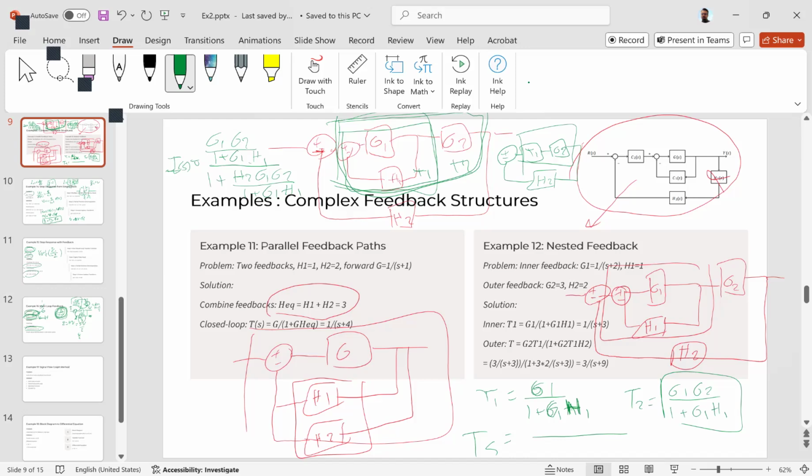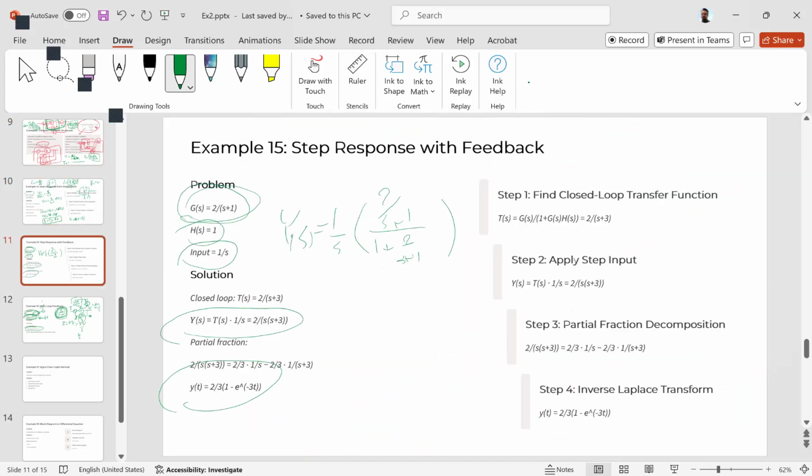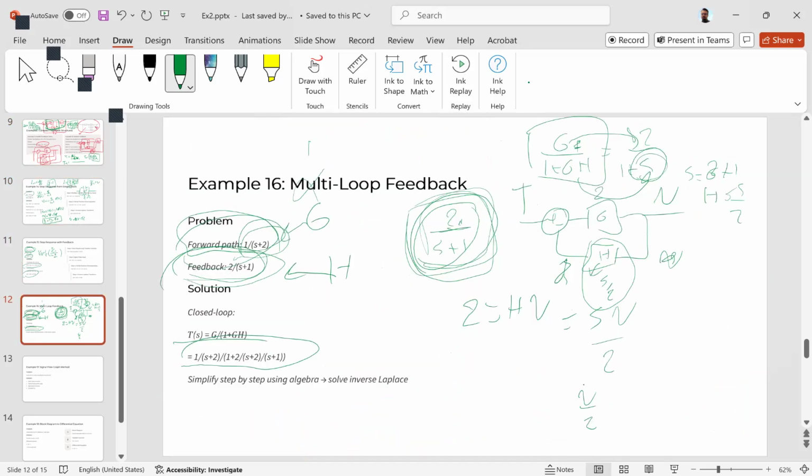Is there a purpose to expanding? Is it just to analyze what's happening at G of S and H of S? When you're dealing with an actual system, there is a lot of troubleshooting going on. You want to find out where the problem is. Just having the transfer function of the general system would not help you.